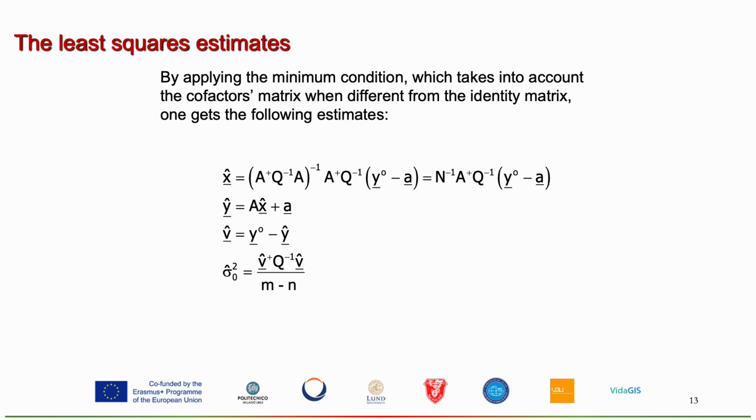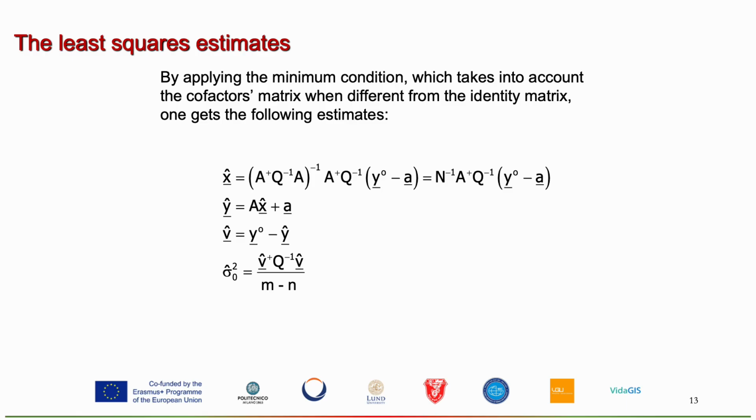So let's find the general solution to the general case where the cofactor matrix is not necessarily the identity. It can be proved that an optimal estimate for all the unknowns of the problem is given by the following formula. Let us name normal matrix, or capital N, the product capital A transpose times the inverse of Q times A. For the unknown parameter x cap, the solution is the inverse of N multiplied by the transpose of capital A, multiplied by the inverse of Q, multiplied by w0 minus the known term a.